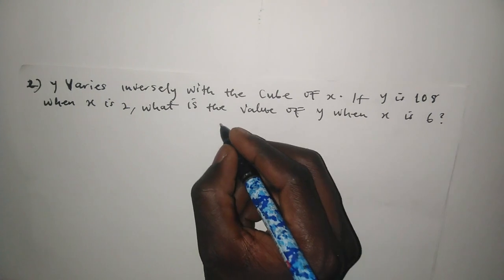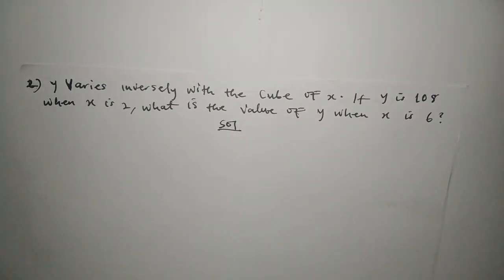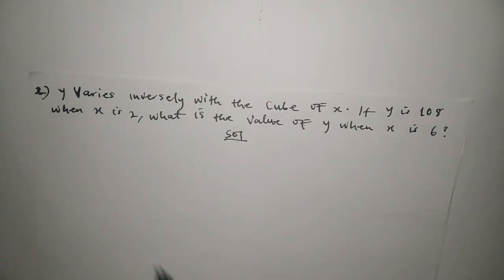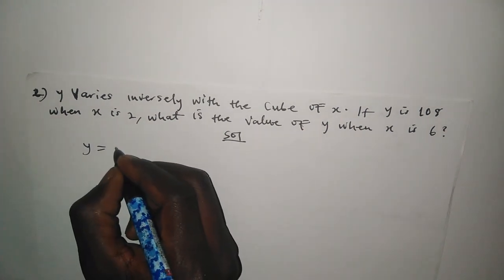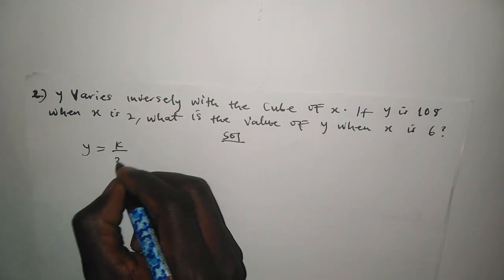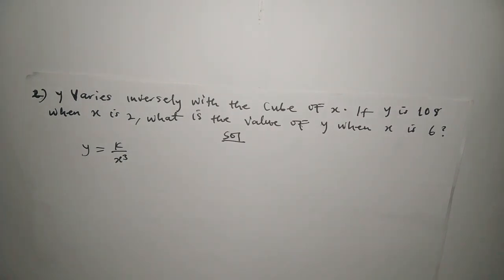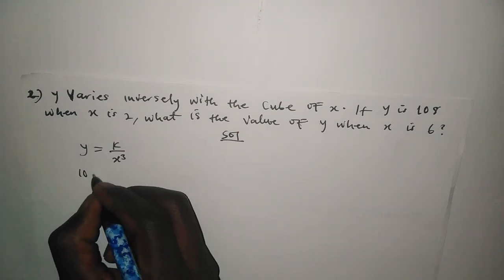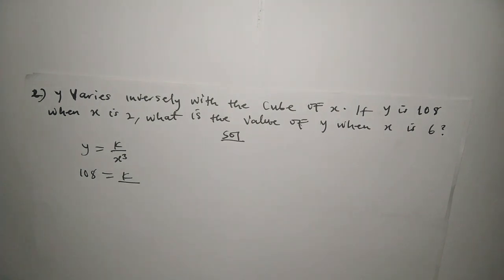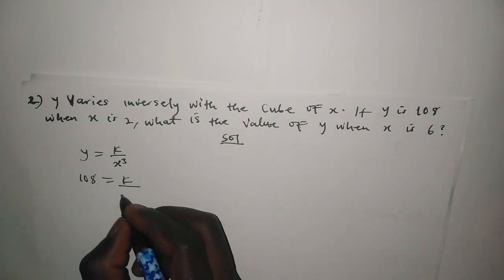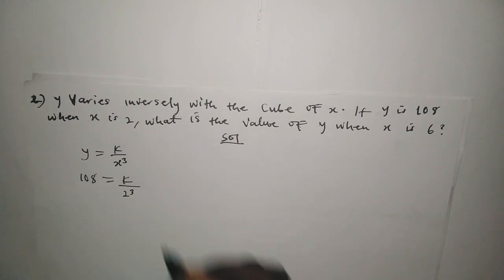Solution. Y varies inversely with the cube of x. So y is equal to k all over x cube, since it varies inversely. Now we know that y is 108 when x is 2. So we have k all over 2 cube.